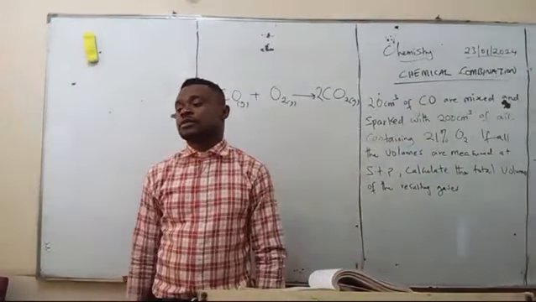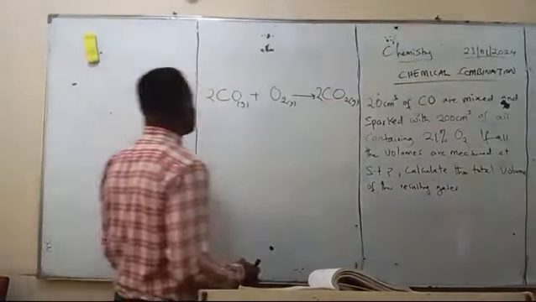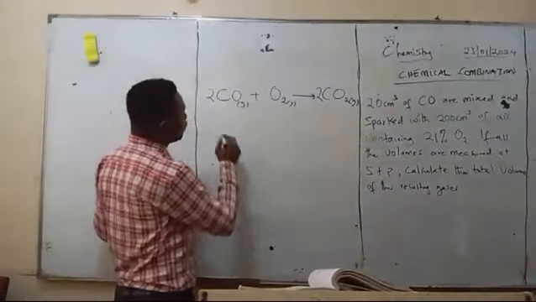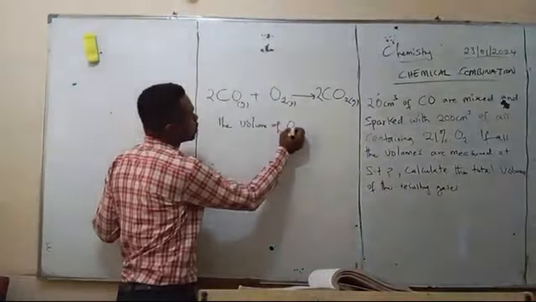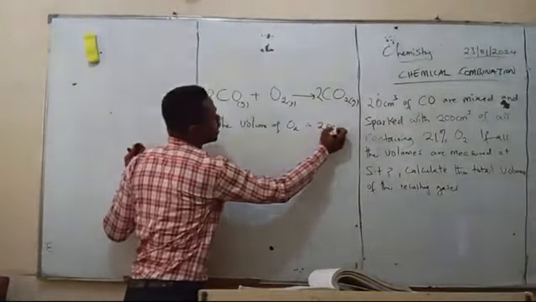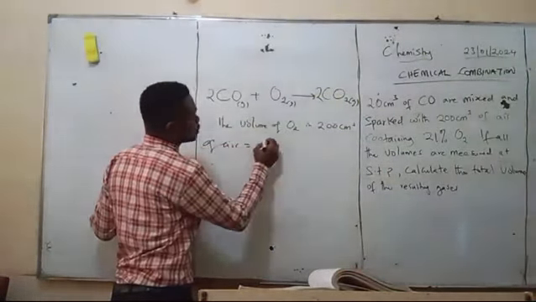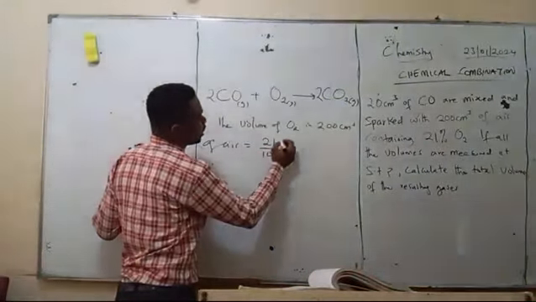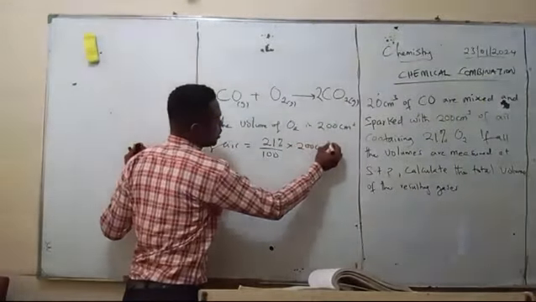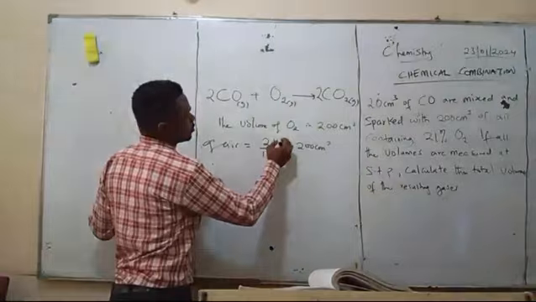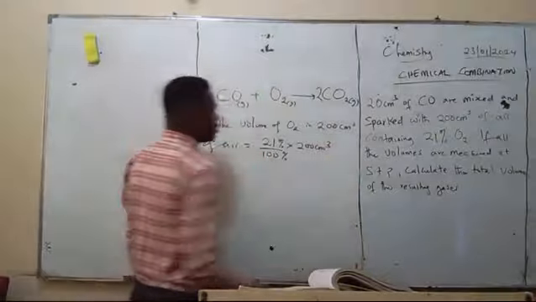The volume of oxygen in 200 cm cube of air is equal to 21 over 100 times 200 cm cube.